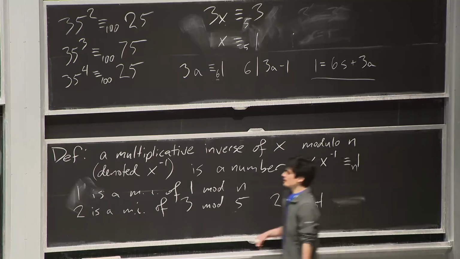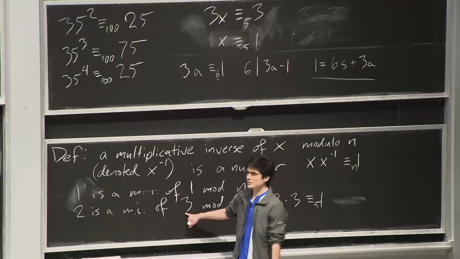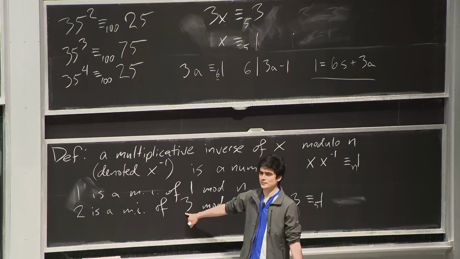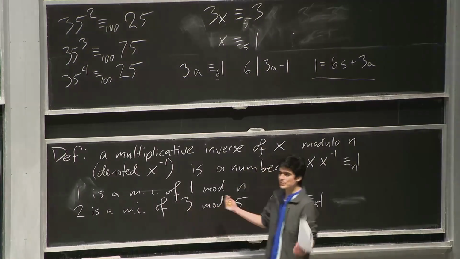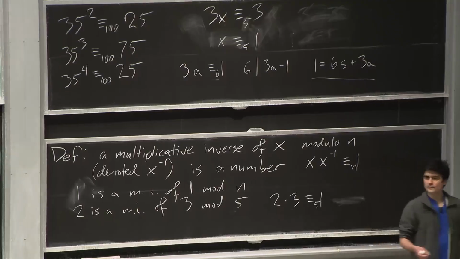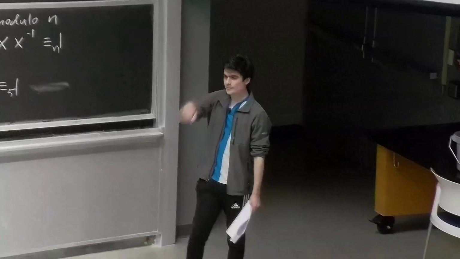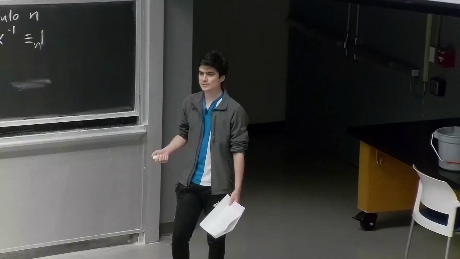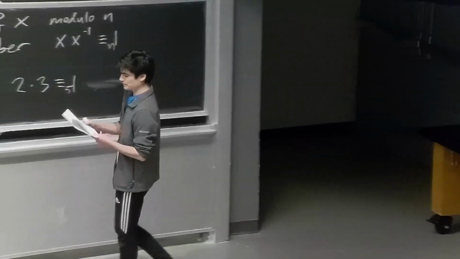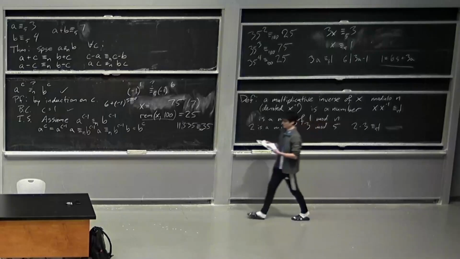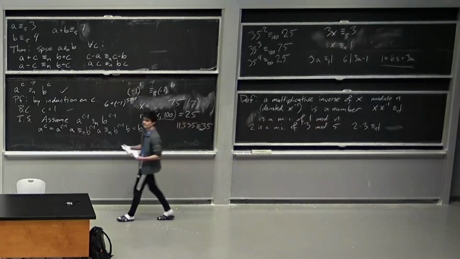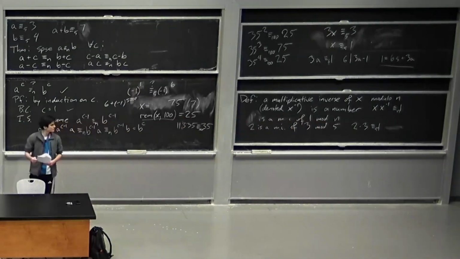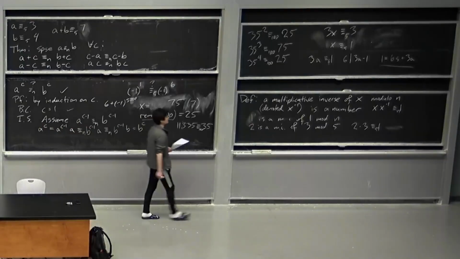So that means that 2 and 3 are multiplicative inverses of each other, modulo 5, because when you multiply them, you get 1. Does that make sense? So when do multiplicative inverses exist?